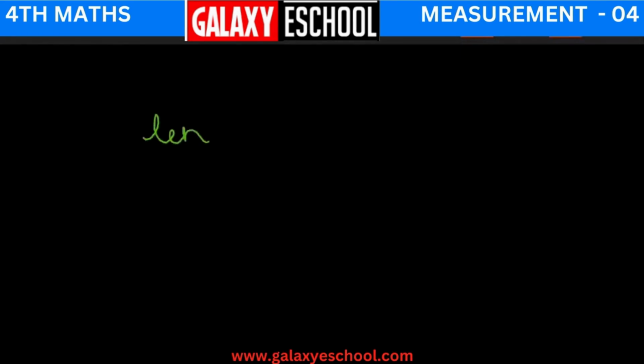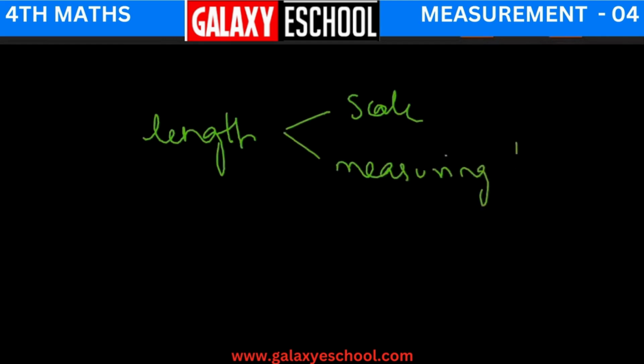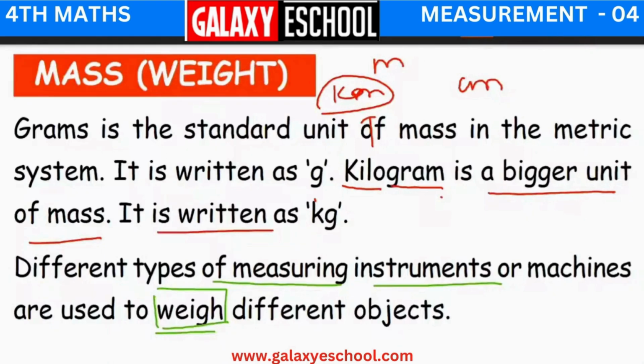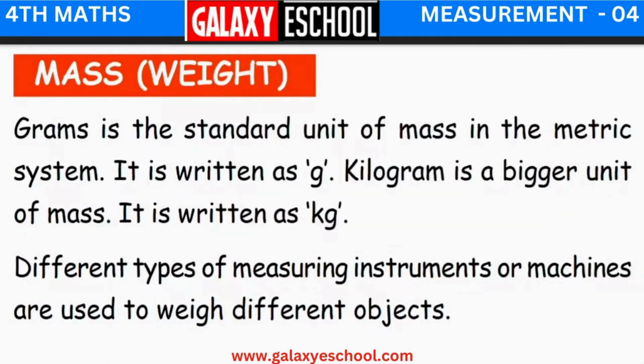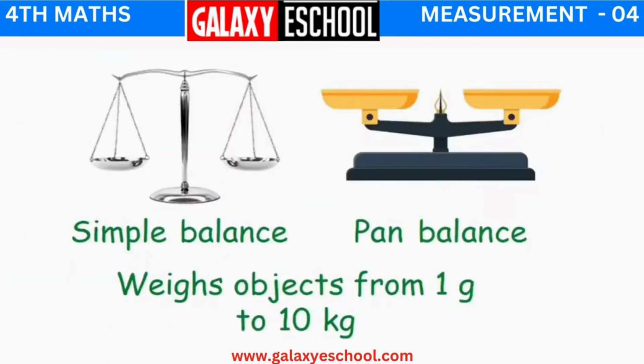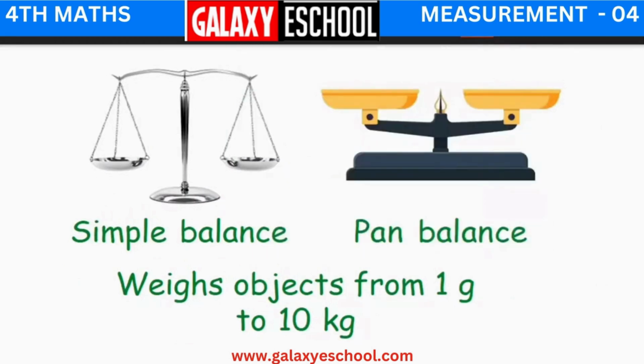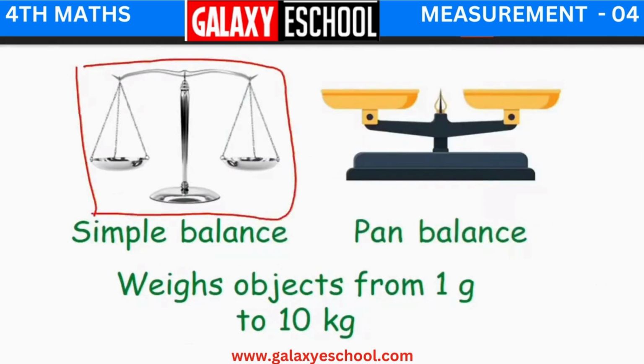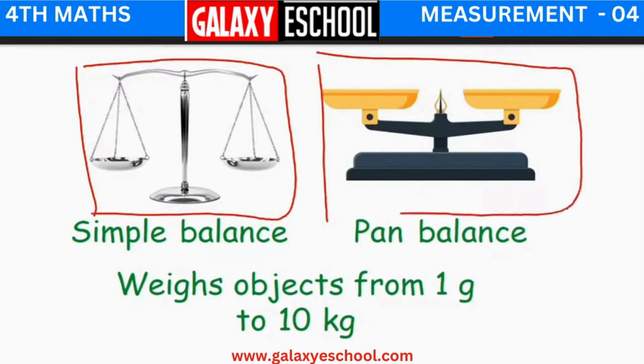Now to find out the length of given objects, we used either a scale or ruler, or else we have learned that a measuring tape is also used to measure the length or distance. In the same way, to weigh a given object, that is to find out the mass or weight, we have different instruments like this. You might have seen this if you go to a vegetable market, children, or to a grocery store, that is a kirana store.